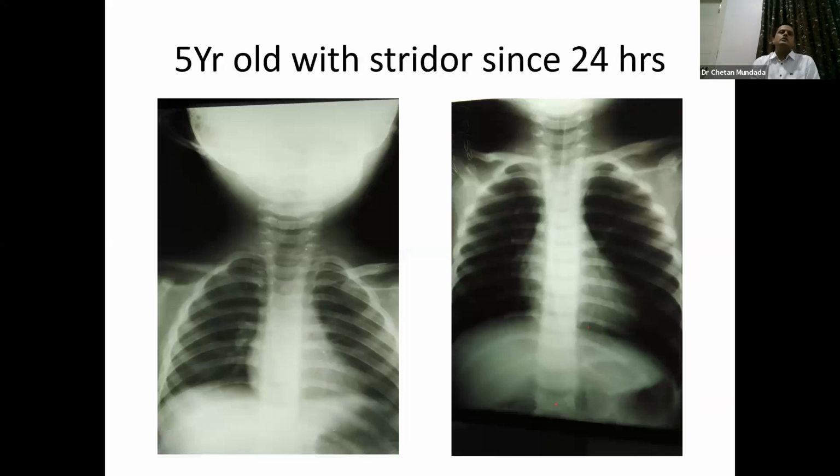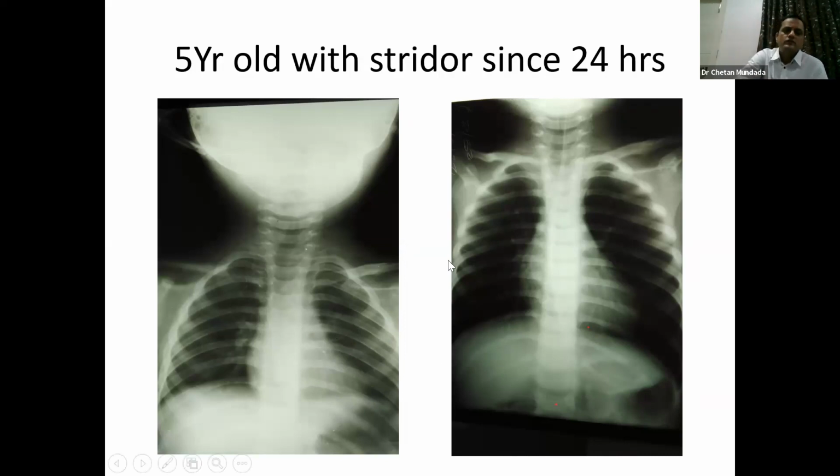So another child who presented to us, a 5-year-old, had respiratory difficulty and stridor since 24 hours. The child had been to a government hospital, X-rays were taken, and because he was unable to eat, they even put a nasogastric tube, and an X-ray was taken again after that.